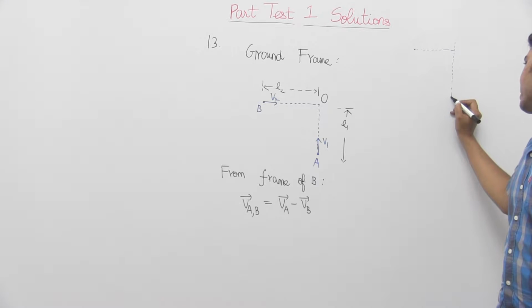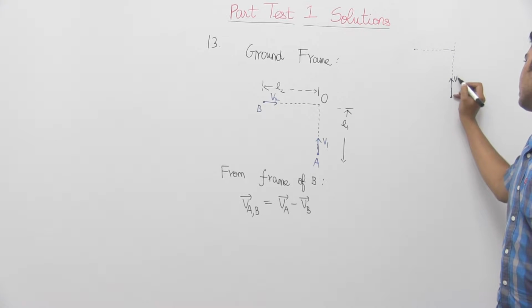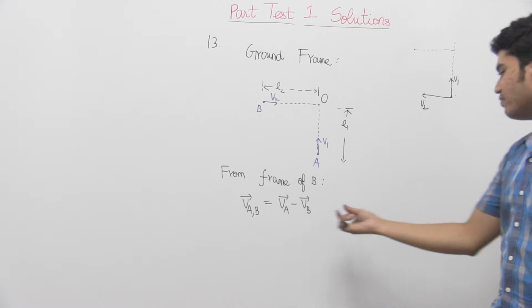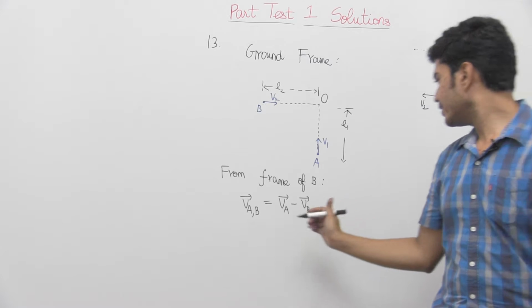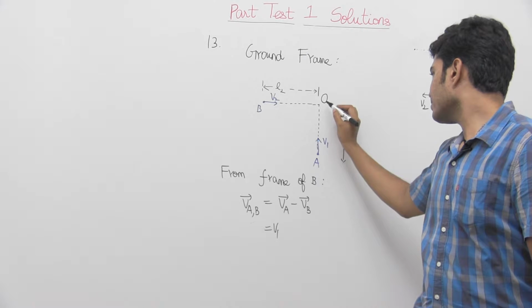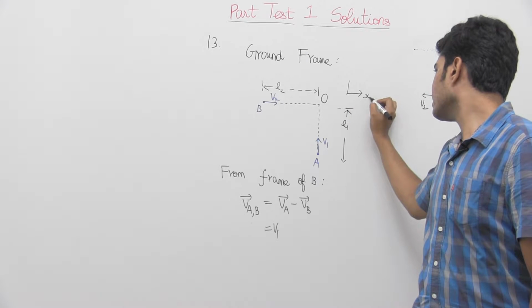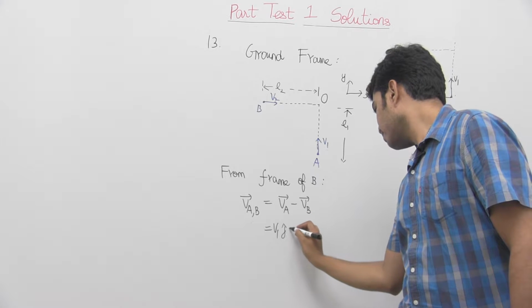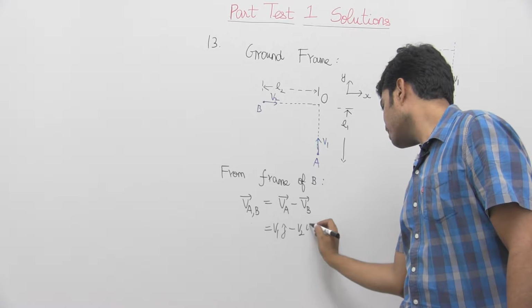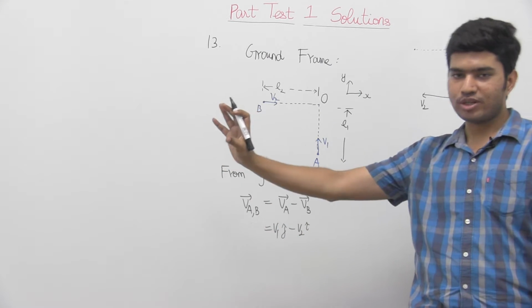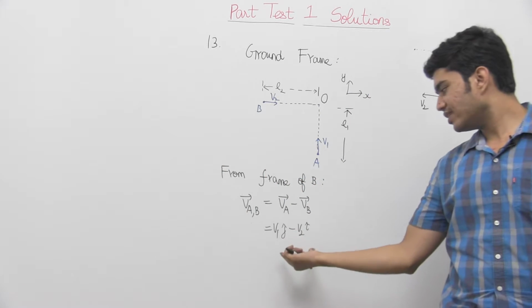One is vertically upward and one is like this. Why? Because if we put the values here, we will get V1, and if we put the XY axes, V1 j cap minus V2 i cap. Because initially the velocity of B was towards the positive x axis. So this is the velocity that you will get.